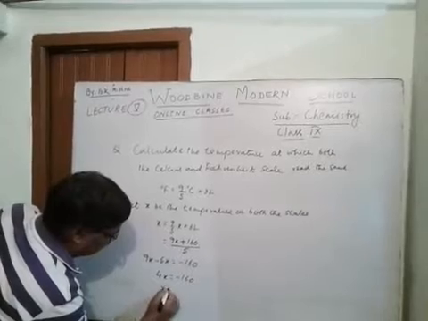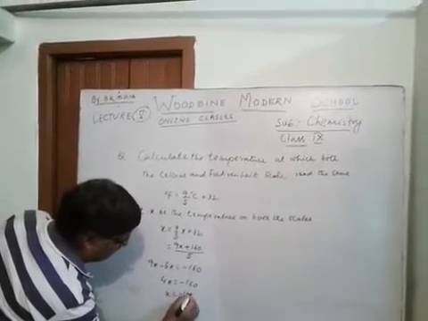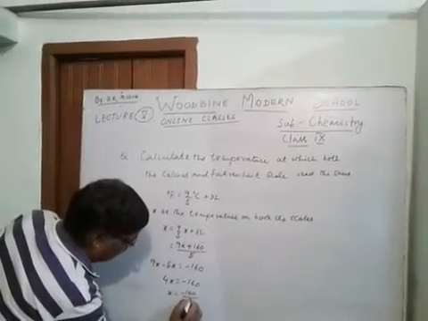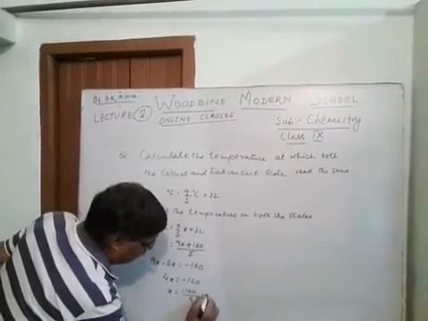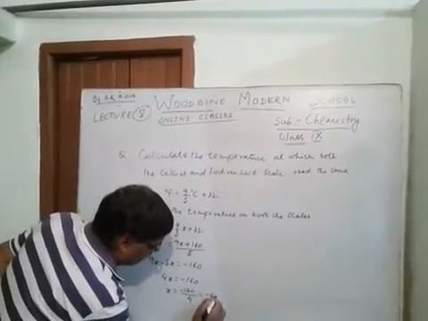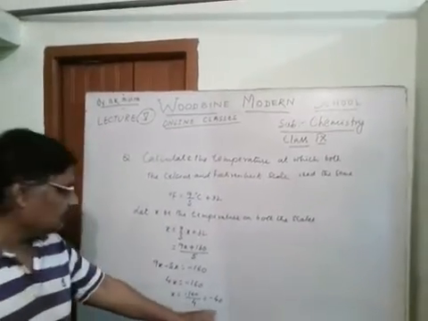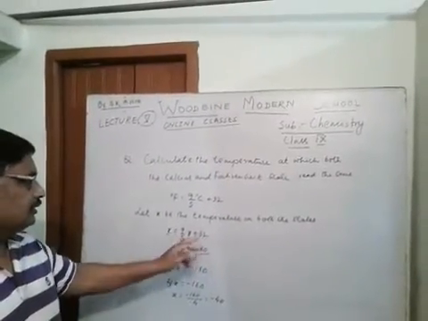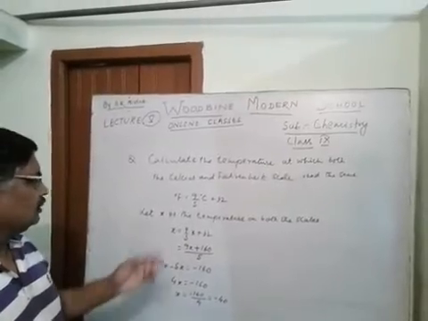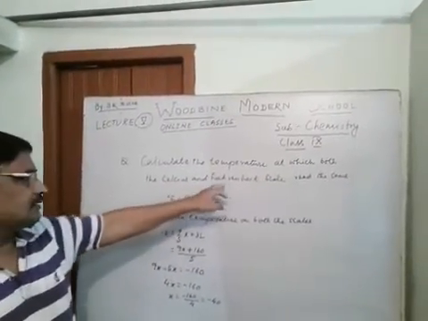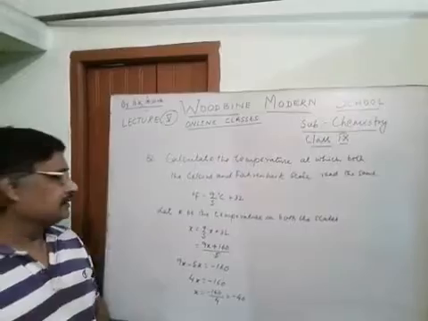Therefore, x equal to minus 160 by 4, that comes out to be minus 40. Now this is the answer, that is minus 40 is the temperature which is same on the Celsius as well as in the Fahrenheit scale.